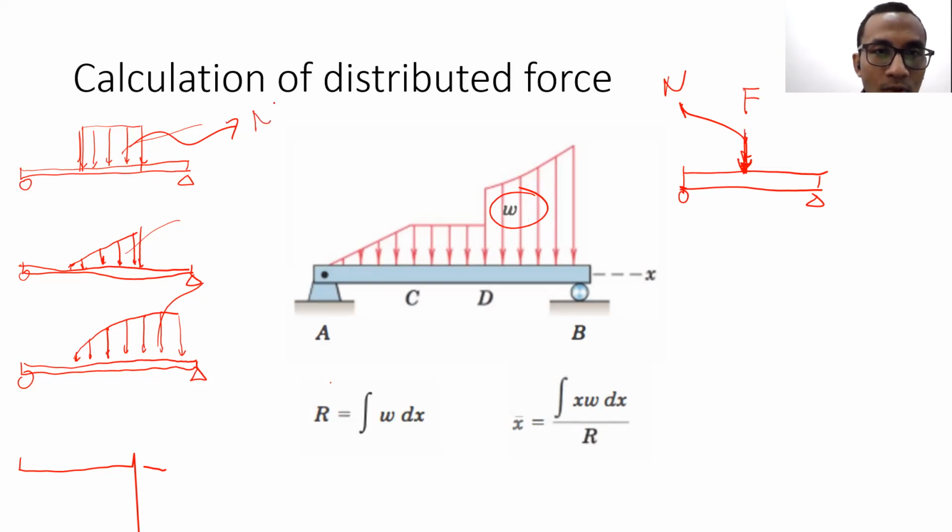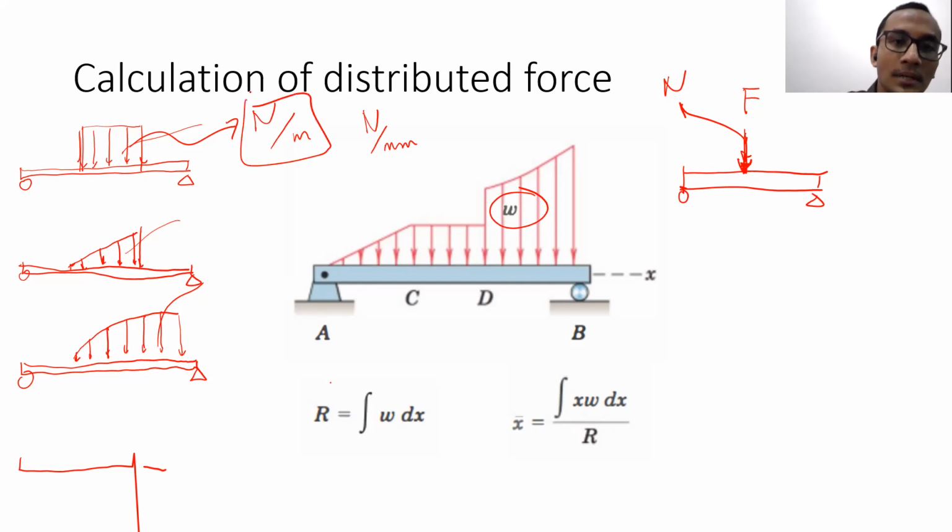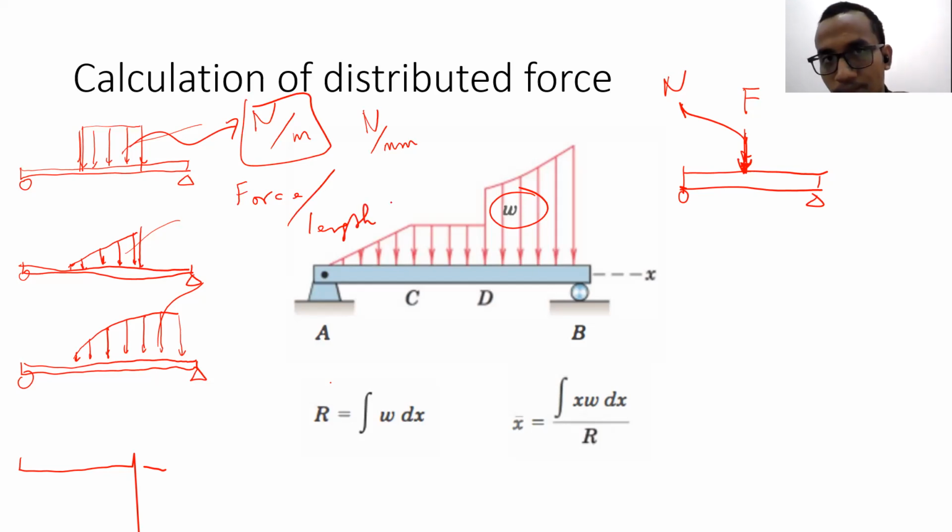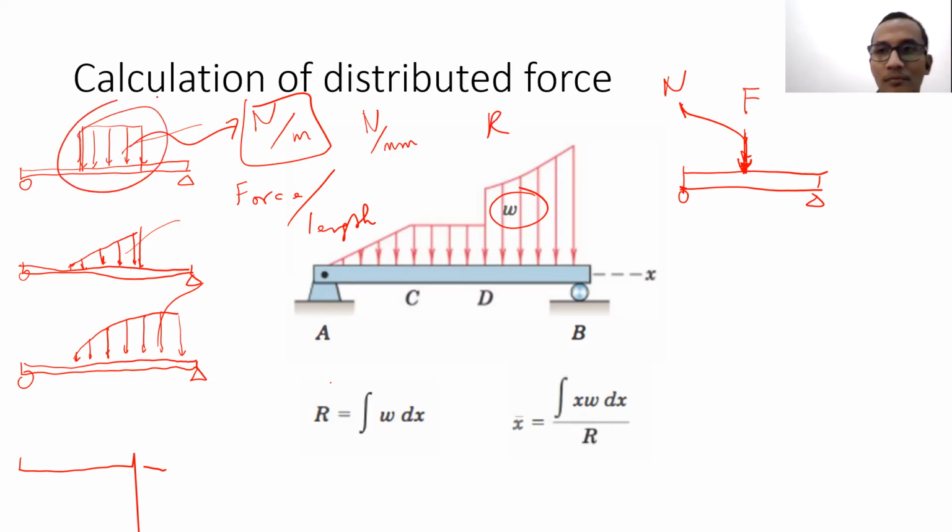So the unit is Newton per meter or Newton per millimeter or any other units that you want, but it's supposed to be force divided by length. So in order for us to find the resultant force, meaning the total force caused by the distributed force, the resultant force here is supposed to be in Newton.